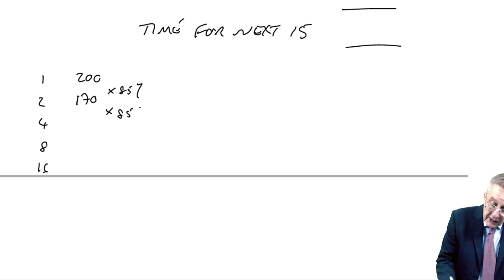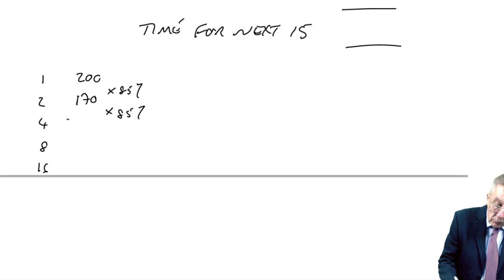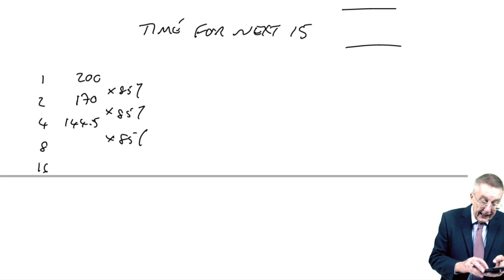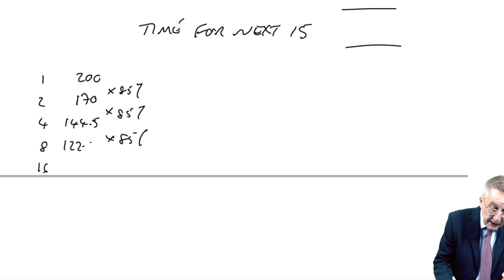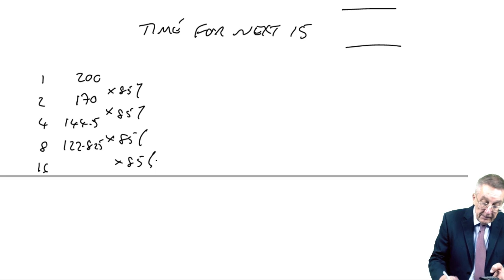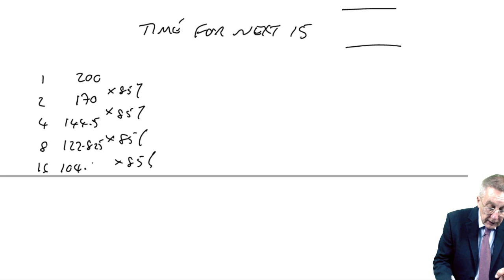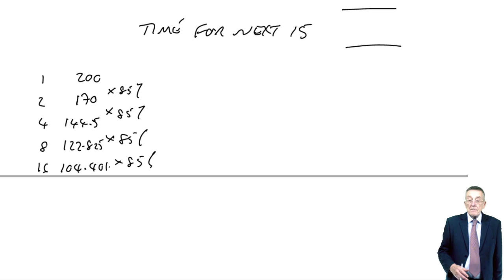Keep it in your calculator, multiply by 85% again. 144.5. Again. 122.825. And one more time. 104.401.